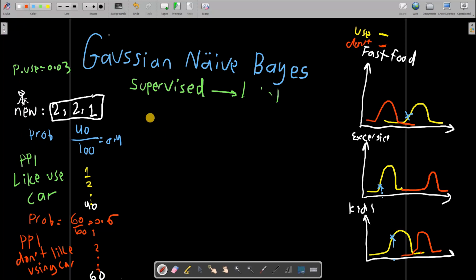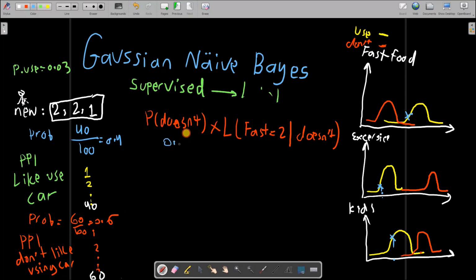So I need to calculate the following. I need the probability that he does not like to use a car multiplied by the conditional probability that he eats 2 times a day fast food, given that he doesn't like to use a car. Okay, so we will be substituting this. What is the probability that a person does not like to use a car?